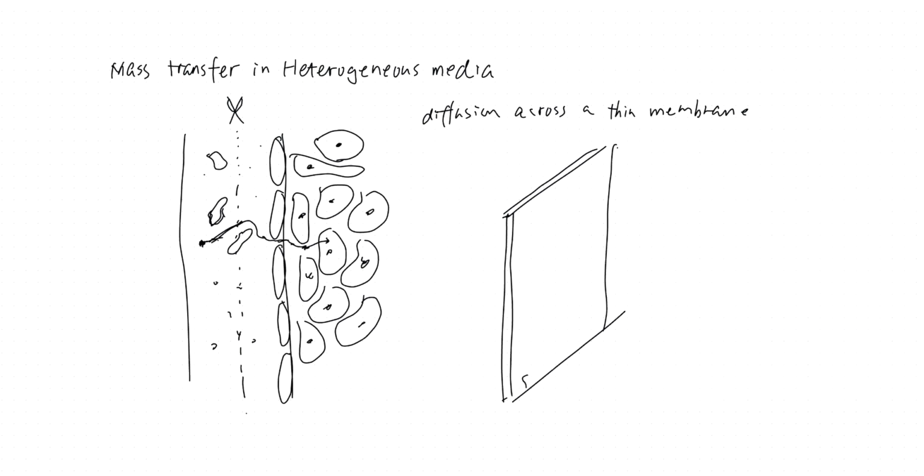We have some pores. Some of the pores may look like rectangular slits, and some may look a little different. Anyway, you have pores. If a solute needs to be transported across the membrane, it can only go through places where you have a hole, a pore, and it cannot go through the solid space.